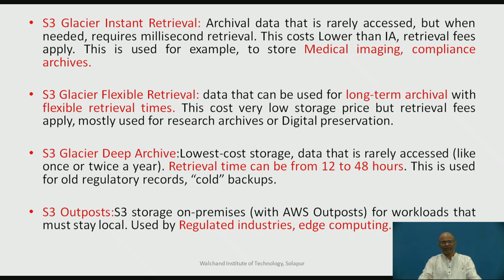If your requirement is lowest cost storage, data that is rarely accessed and the retrieval time can be 12 to 48 hours, go for S3 Glacier Deep Archive. Next is S3 Outposts. S3 Outposts is on premise, for workloads that must stay local, which is used by regulated industries and edge computing.